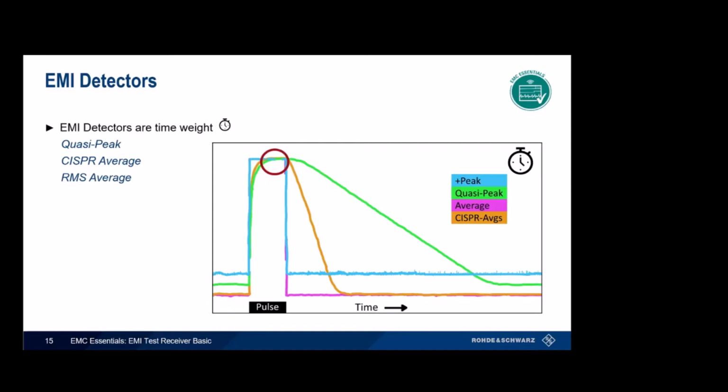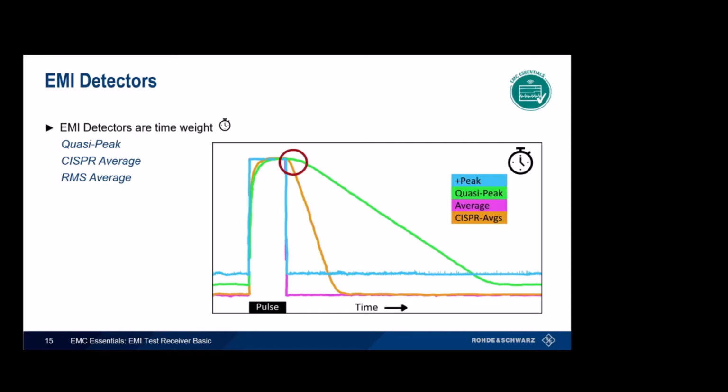Only after the power has been on for some time do the EMI detectors report the same as the standard detectors. Once the power is removed, the EMI detectors don't instantly drop down. That is so that if the pulse repeats soon afterwards, the EMI detector would be closer to reporting the value closer to the energy in the emissions instead of the instantaneous.